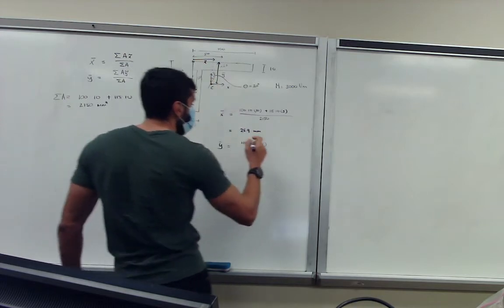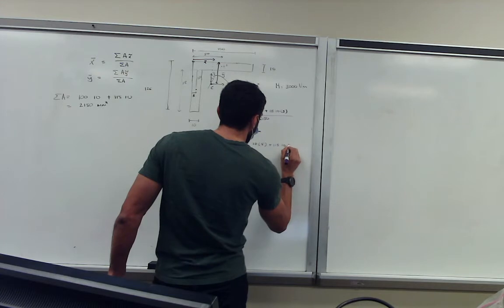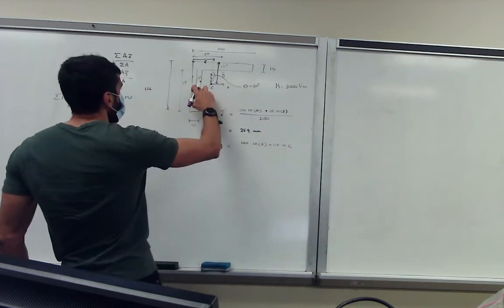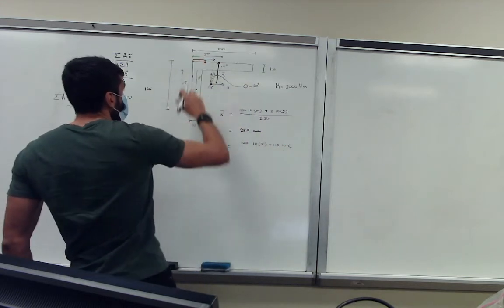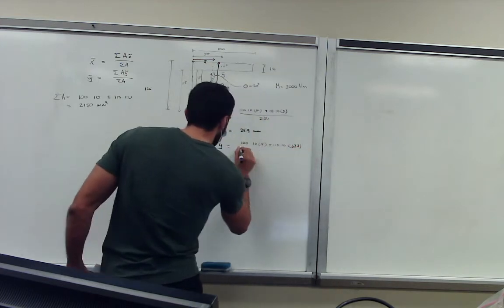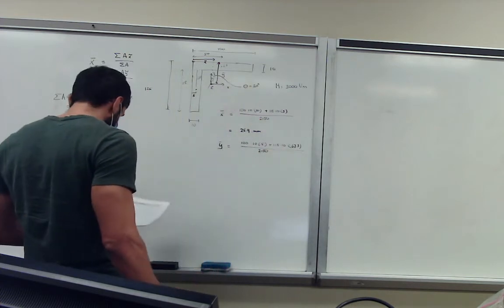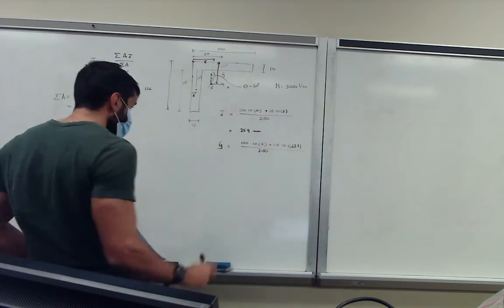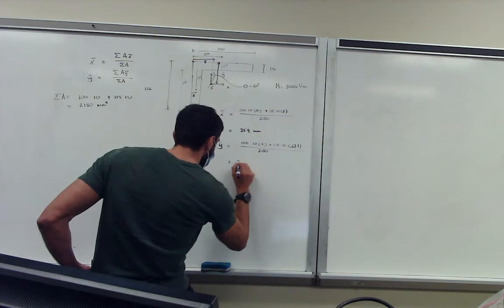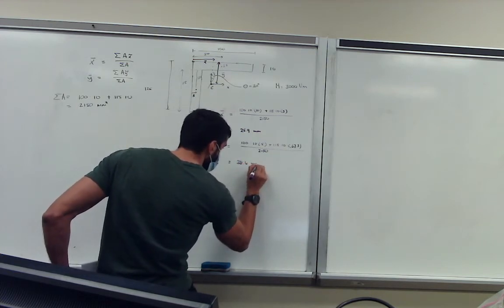That's our reference point, plus 115 times 10, and then this centroid was 75 plus additional 10, so 67.5, over 21150. And in that case, we get 38.4 millimeters.